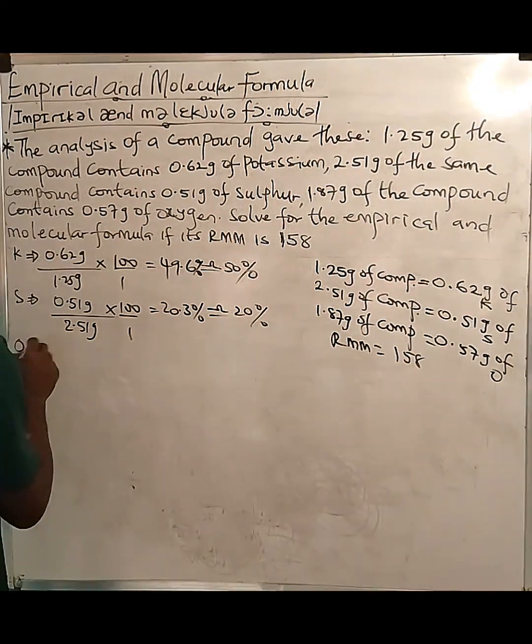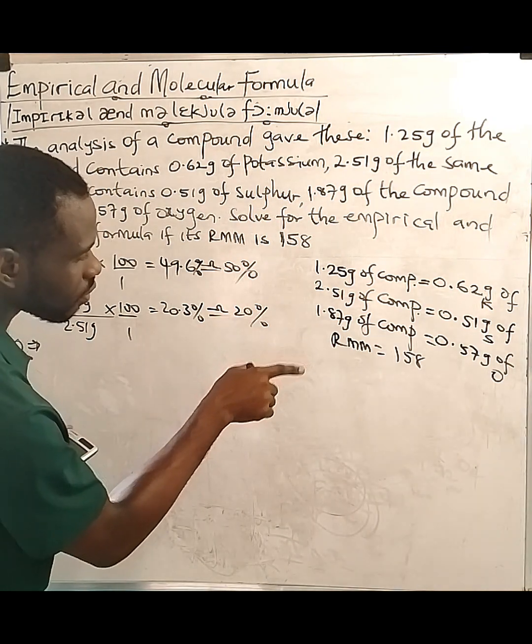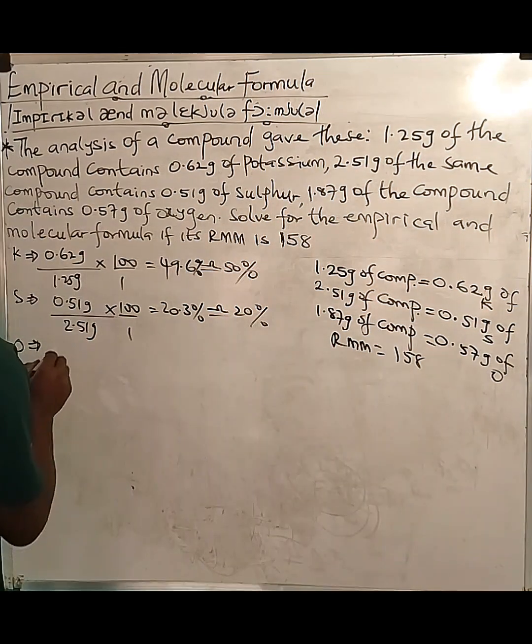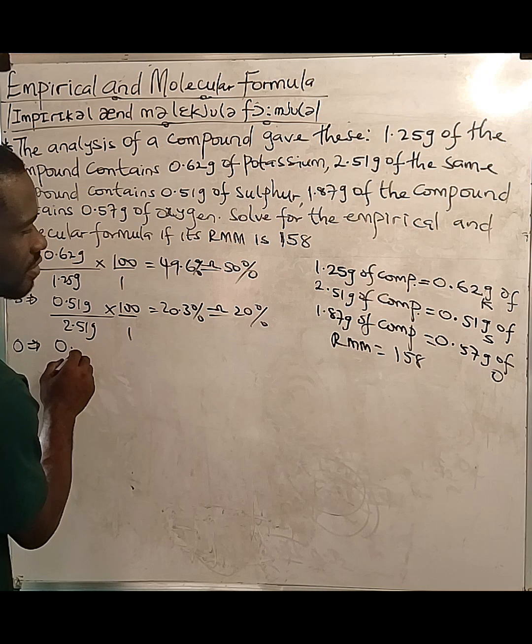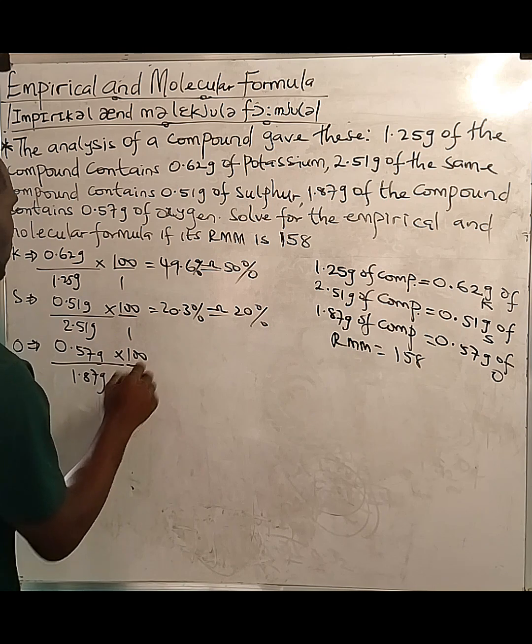The last we have is oxygen. Let's find the percent composition of oxygen. We have 0.57 gram of oxygen out of 1.87 gram of the compound times 100 over 1.